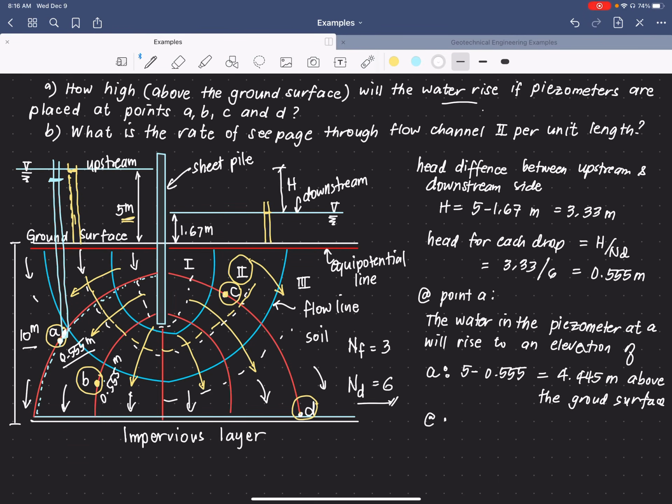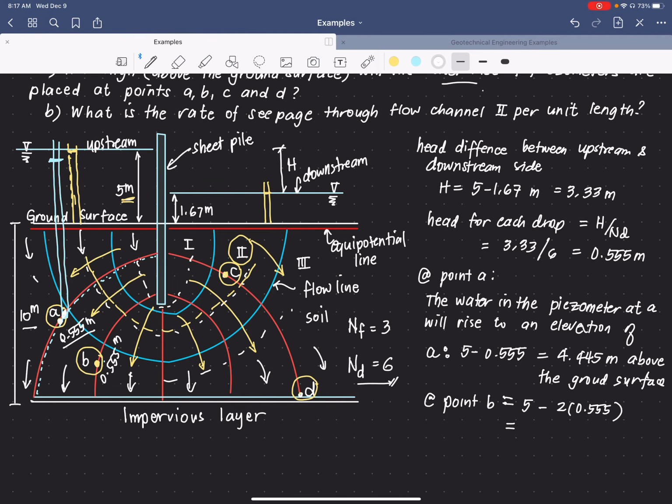Same thing at point B. The reading in the piezometer would be 5, which is our head difference, minus, at point B we have a drop of 2 times 0.555, and that would be equal to 3.89 meters. Again, that is above the ground surface.